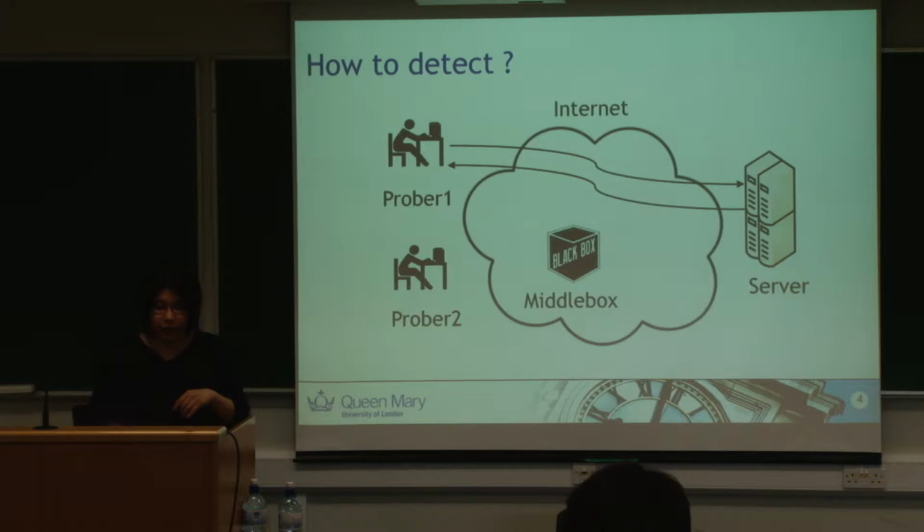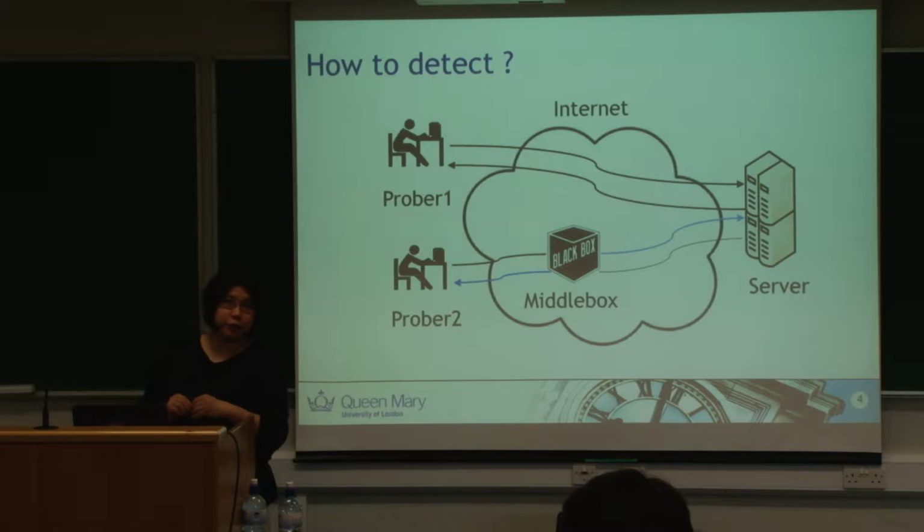However, if there is a middlebox, the middlebox will manipulate the traffic flows in the path. And as we know, middleboxes are complex. They operate from network layer to application layer.